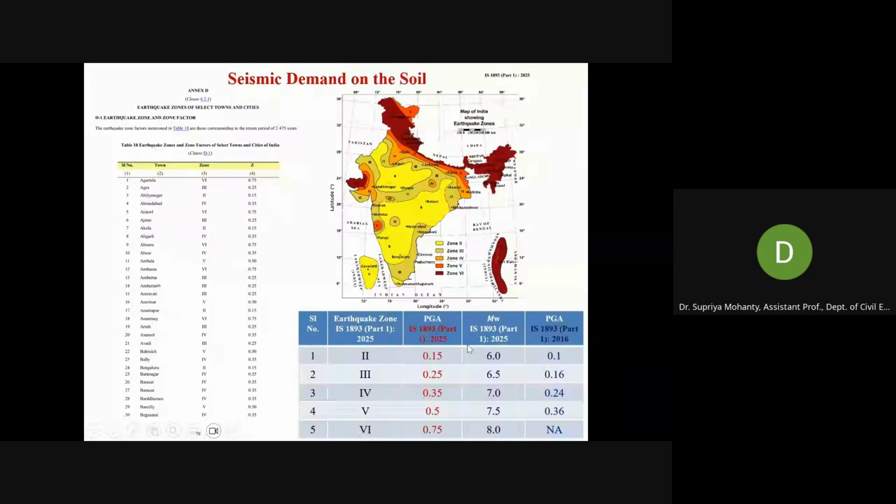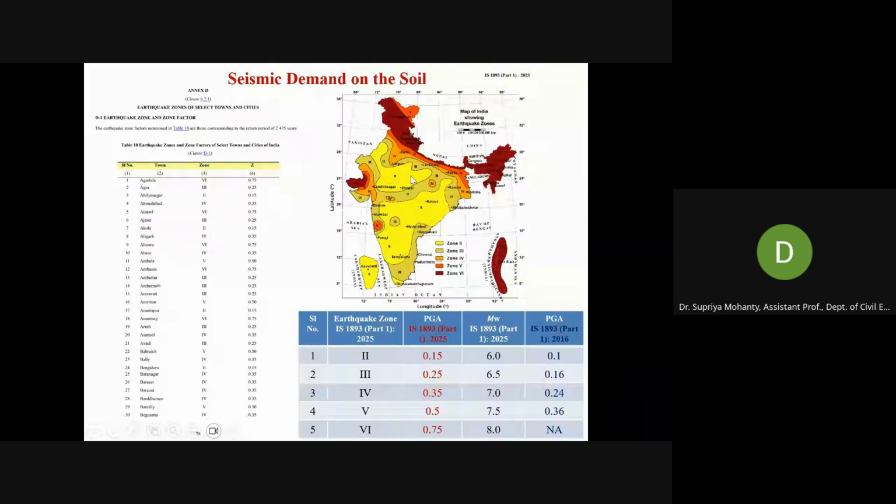In this code, for each seismic zone, the maximum expected earthquake magnitude is also mentioned, like the Mw value. For zone 2 the expected magnitude of earthquake is 6, zone 3 is 6.5, zone 4 is 7, zone 5 is 7.5, and zone 6 is very high, 8. This represents the demand.